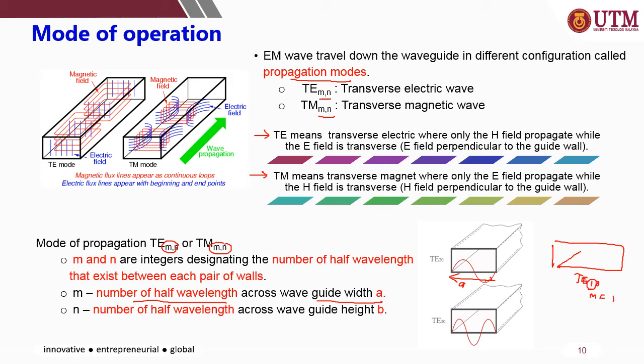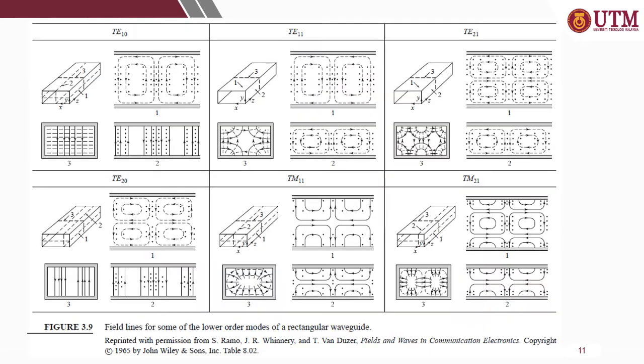So only one half wavelength appears across A, or across the width of the structure, while the N number is the number of half wavelengths across the height B.